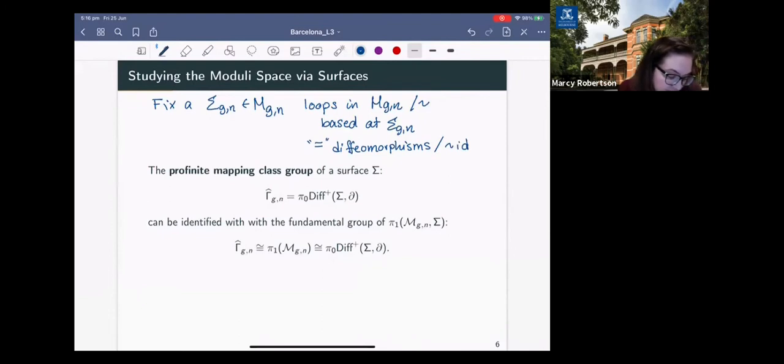Right. So what we can get from this observation is that if you look at a profinite mapping class group, so here I mean the profinite completion of the mapping class group. What is that? That's diffeomorphisms. So by mapping class group, I mean orientation preserving diffeomorphisms. So that's the plus.